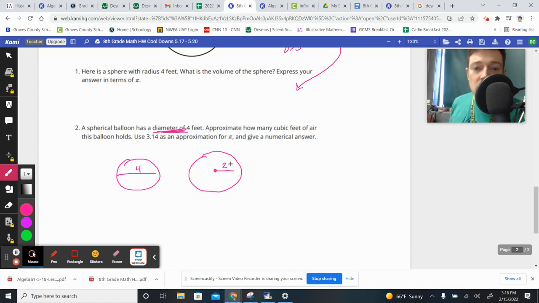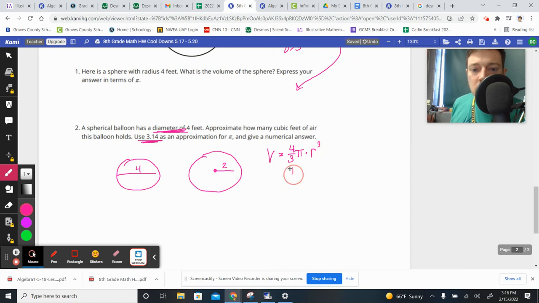So 2 is the number that we're going to be plugging into our formula. And on this one, it wants us to use 3.14 for pi. So it actually wants us to work it all the way out. So volume is, for a sphere, 4/3 pi multiplied by the radius to the third power.